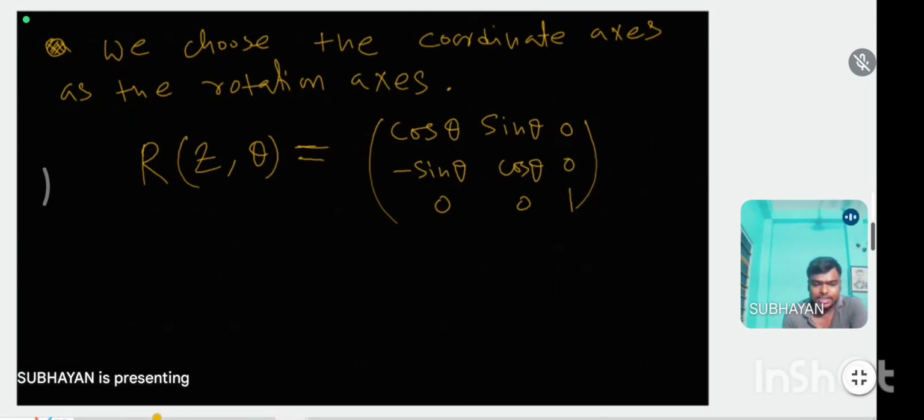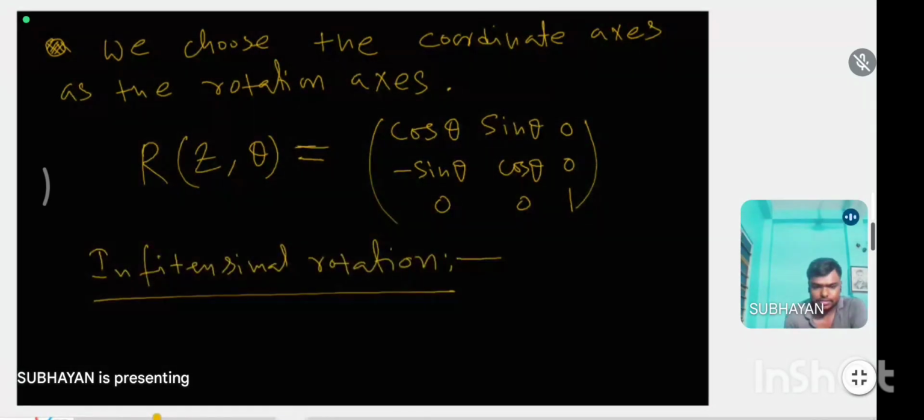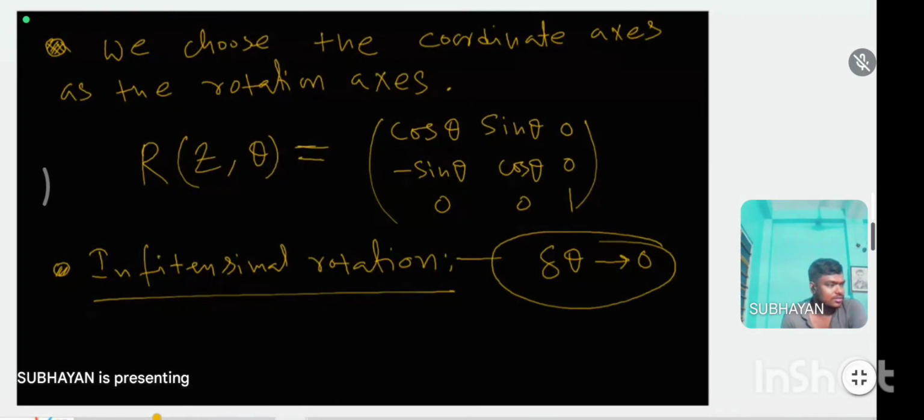Now consider the infinitesimal rotation. What do you mean by infinitesimal rotation? The rotation with a very small angle. Suppose in the place of theta we are using delta theta to be the rotational angle. And here this delta theta is very small. Delta theta tends to 0. It is an infinitesimal angle.